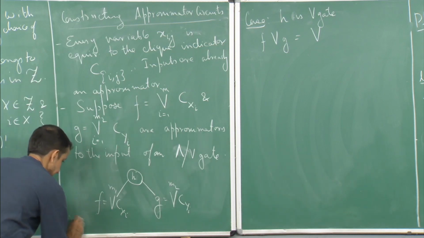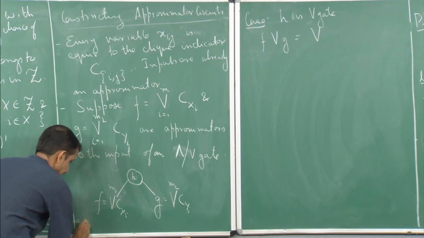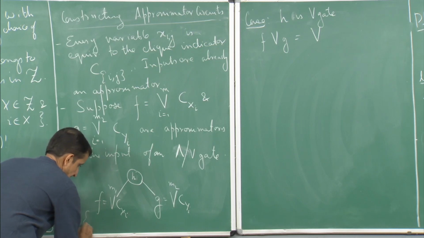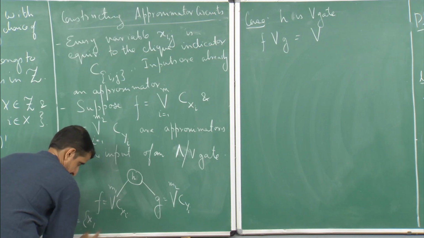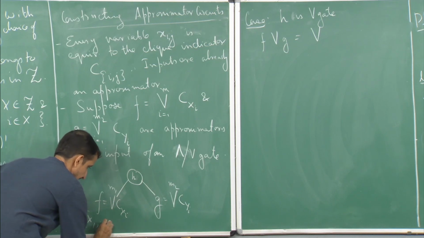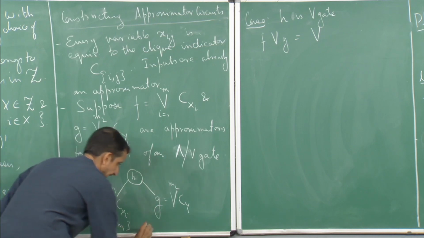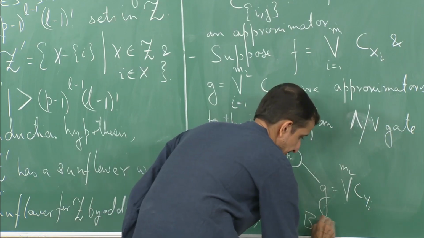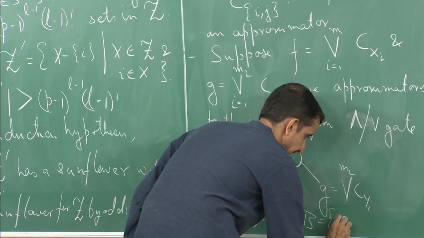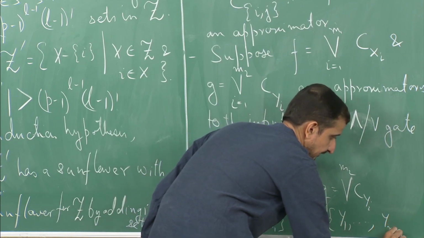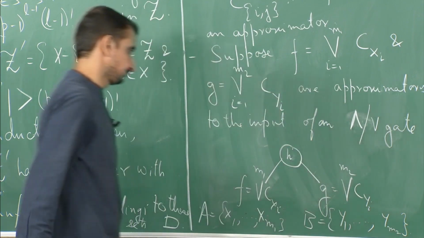So let A be the set of all these sets x1 up to x_M1, and B be equal to y1 up to y_M2.